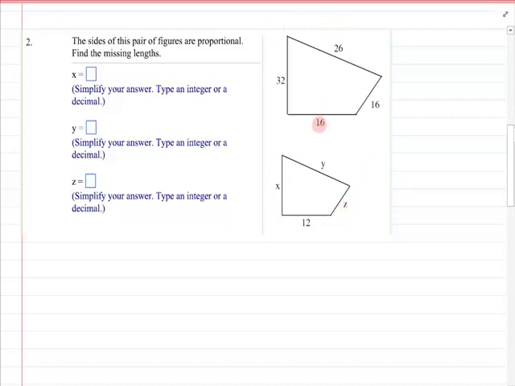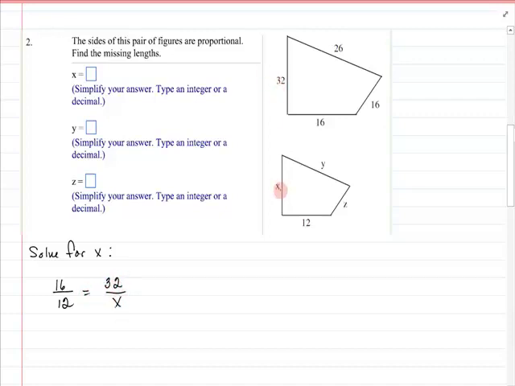Well, 16 to 12. So let's solve for x. I know 16 is to 12 as 32 is to x.